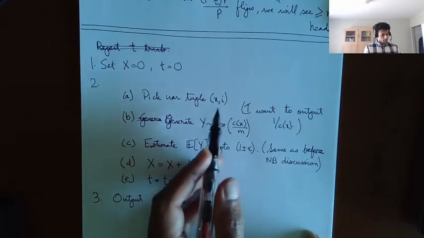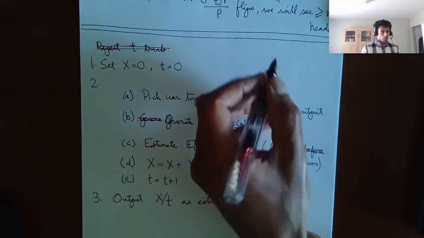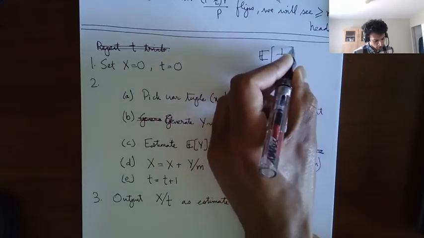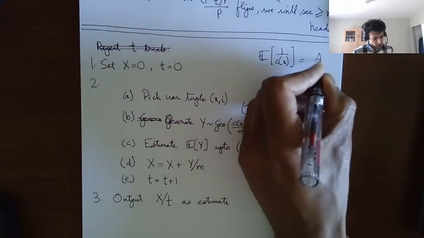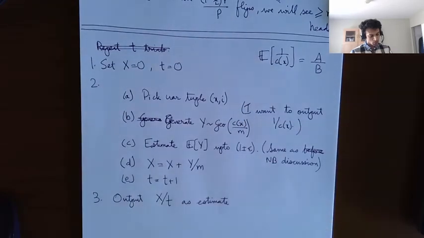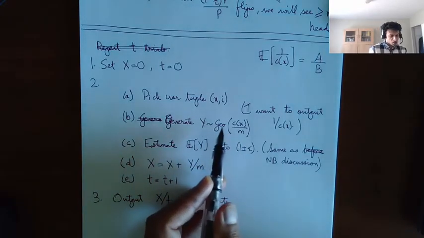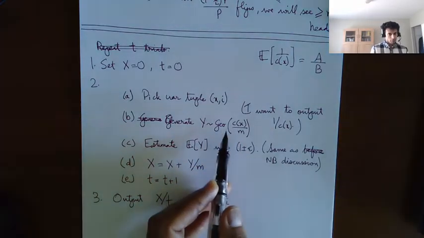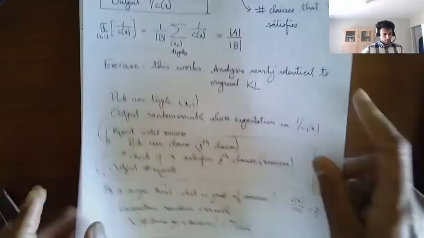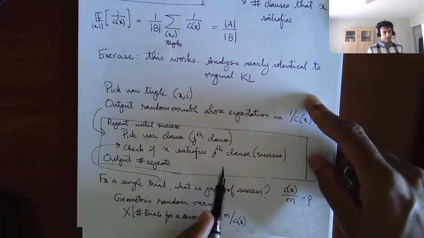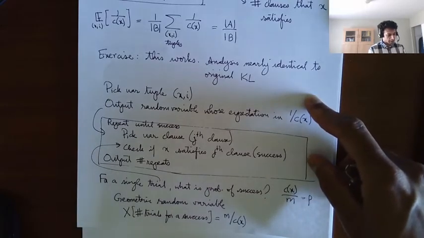So remember, what am I trying to do? The expectation of 1 divided by c of x is exactly equal to what I want. So I can construct this geometric random variable. How do I get it? I pick a uniform random clause and I check if x satisfies that clause. And I keep repeating until I get a success.